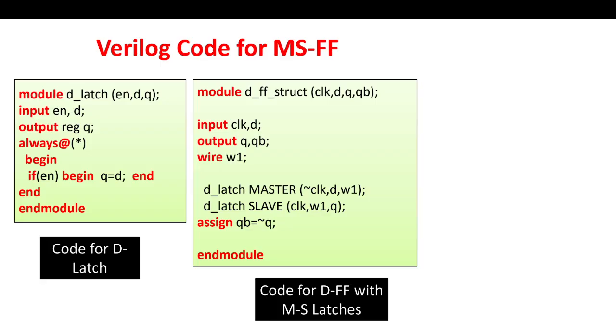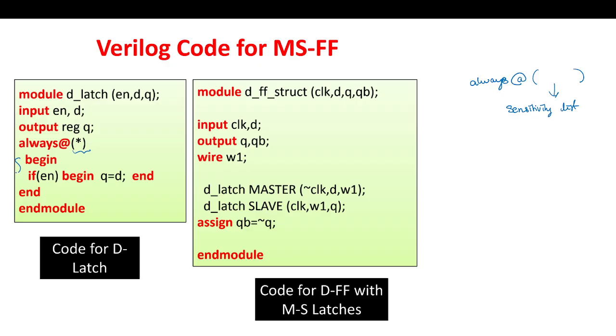So the Verilog code: this is always at the rate, and this list is called the sensitivity list. If any of the values listed in this list changes, then the output will change.